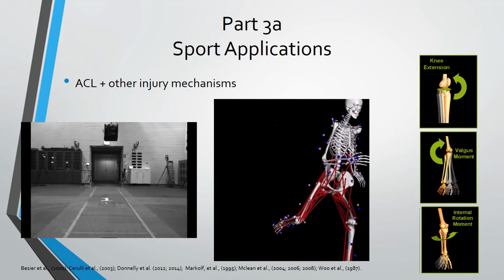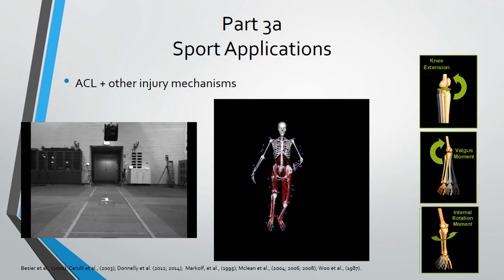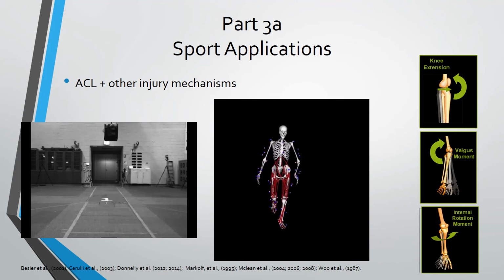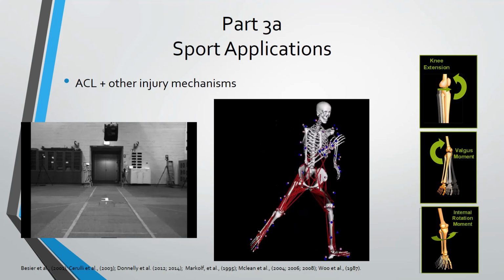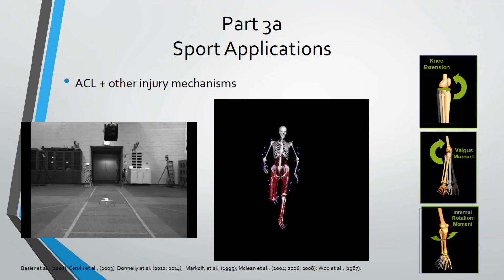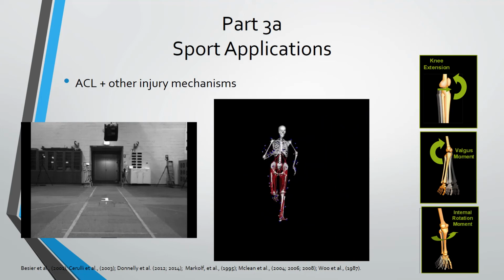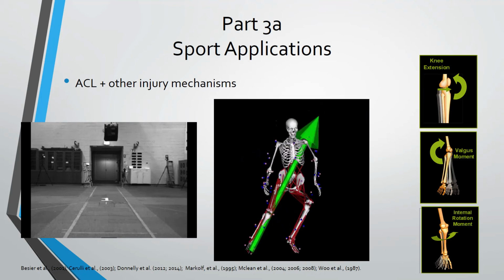Now, if somebody's found to be at high risk of an ACL injury through one of these assessments, we can then prescribe an intervention and they can undergo a training regime to lessen these moments, most often by strengthening their core and the glutes, especially glute medius.